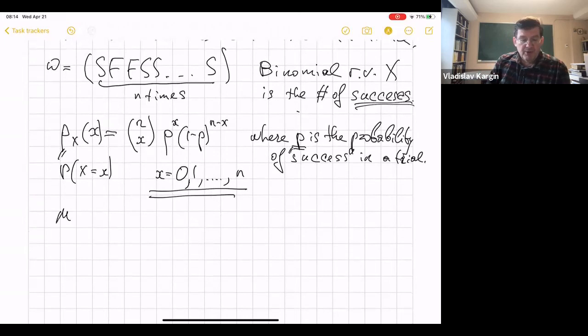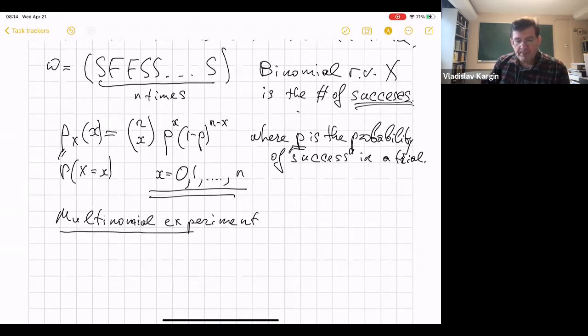So a multinomial experiment is n independent trials with k possible outcomes.